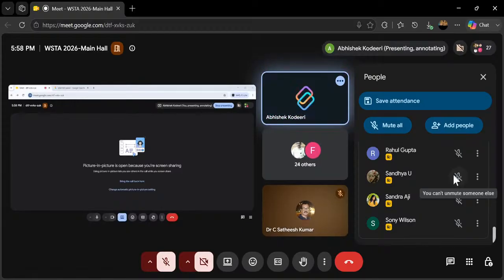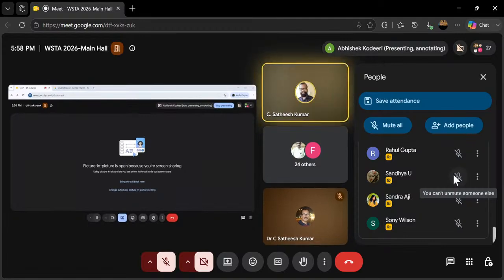Audible? You can share your screen. PowerPoint, is it visible? Slideshow. I think it is there. You have to open the PowerPoint.